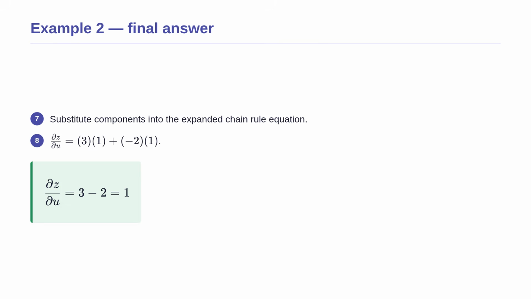We perform the basic arithmetic to find our final answer, subtracting 2 from 3. The result is a positive constant number of 1. This physically means that for every single unit we increase the first independent variable, u, the final output of the main function will increase by exactly 1 unit.